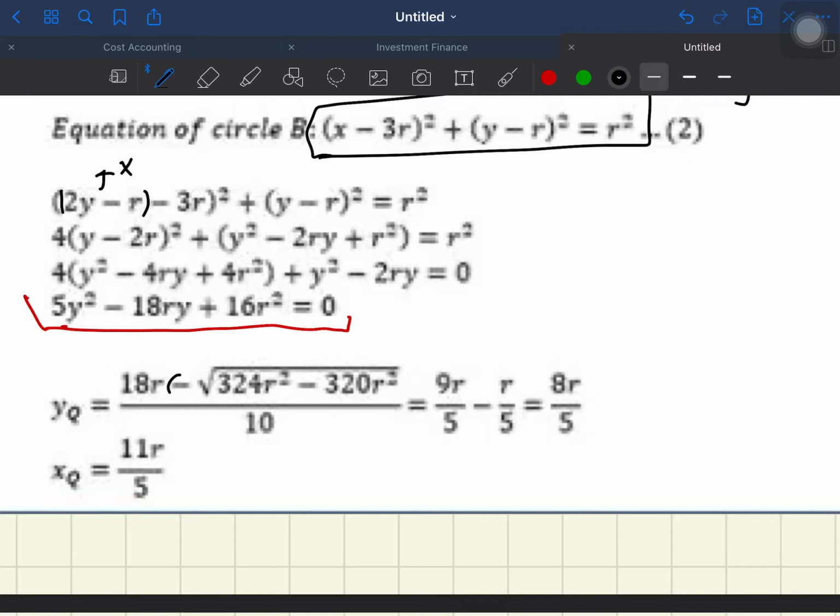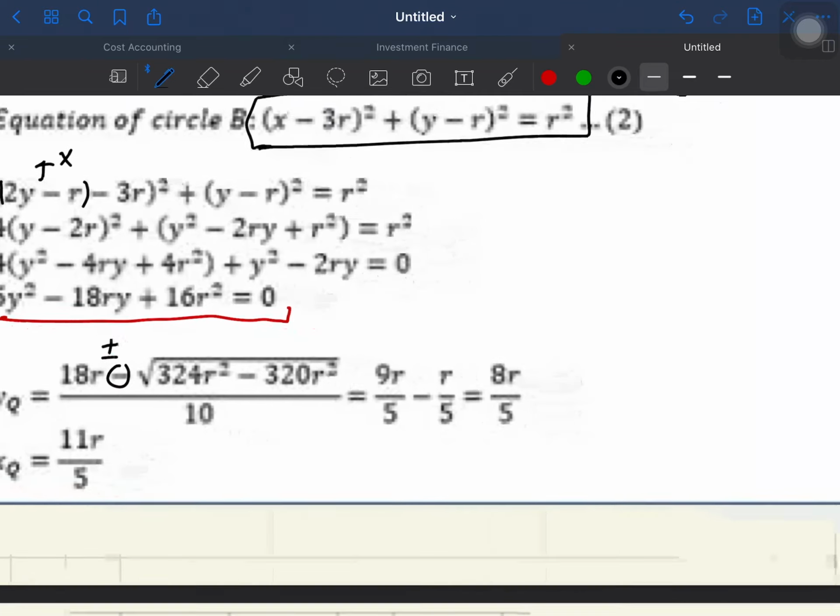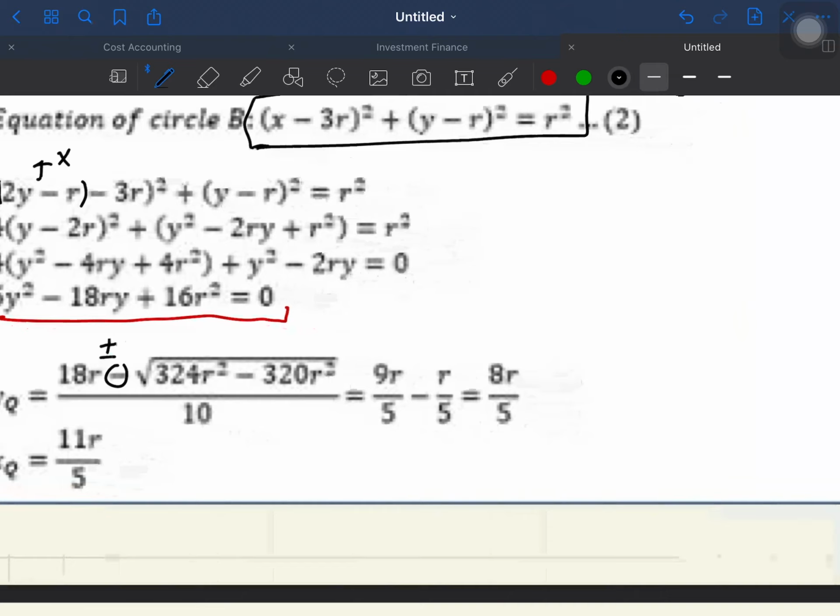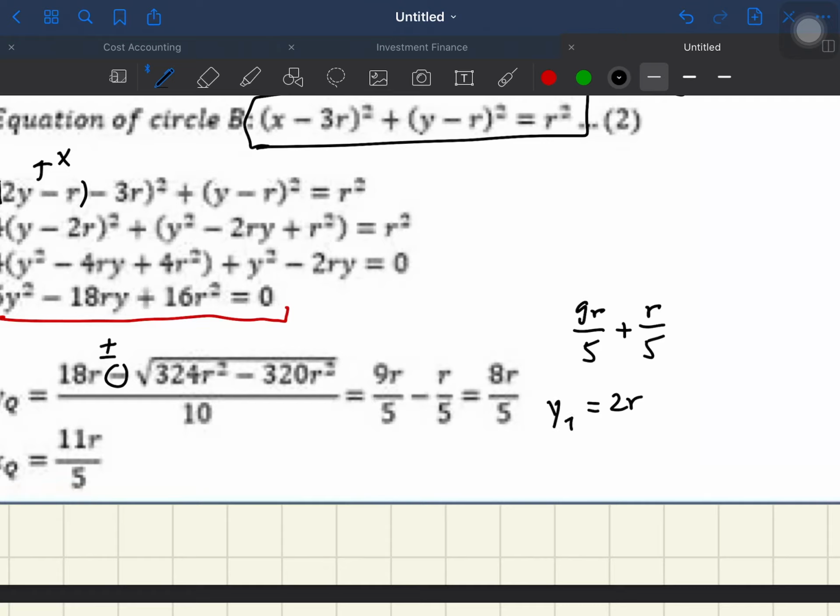In the quadratic formula, we're supposed to have plus minus in front of the square root sign, but I just realized that if you add them, you will have 9r over 5 plus r over 5, and then you will get 2r, which is the first solution of y.